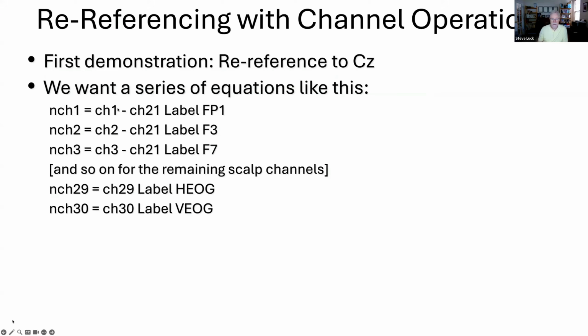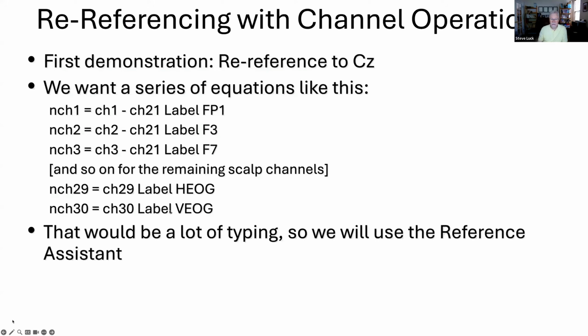If I do that difference between them, that gives me FP1 referenced to CZ. Okay, and so I need an equation like this for every single channel. That's 30 equations. That's a lot of channels. So you could type all of those equations in, but we have something called the reference assistant that makes that easier and less error prone.